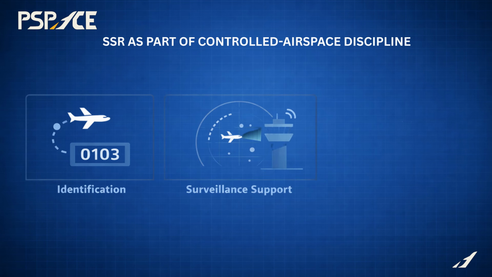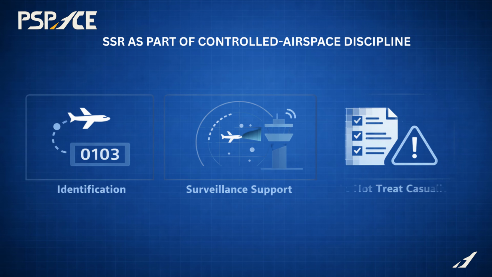That means correct SSR operation is not a background technical detail. It directly supports the controller's ability to identify the aircraft, interpret its response correctly, and integrate it safely into the traffic picture. The operational message is therefore one of discipline.